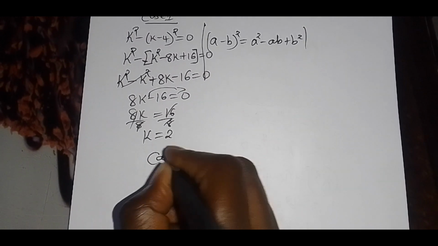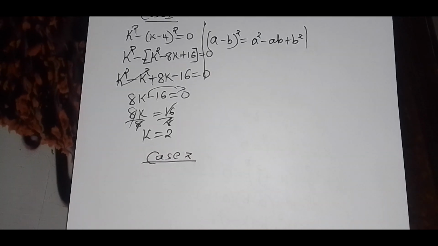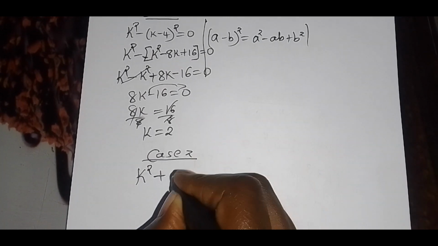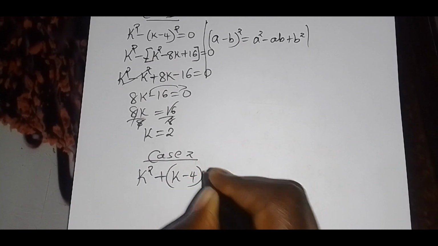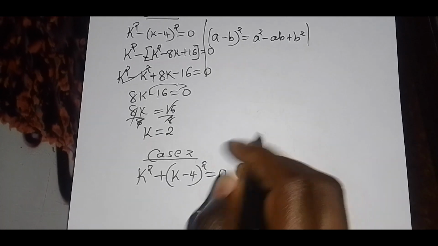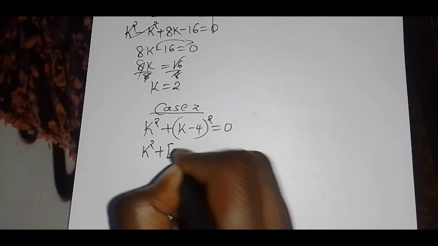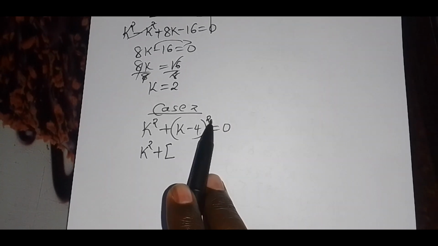Let's solve case 2. For case 2 we have k squared plus (k minus 4) raised to power 2 equal to 0. Again we'll have k squared plus (k minus 4) squared.